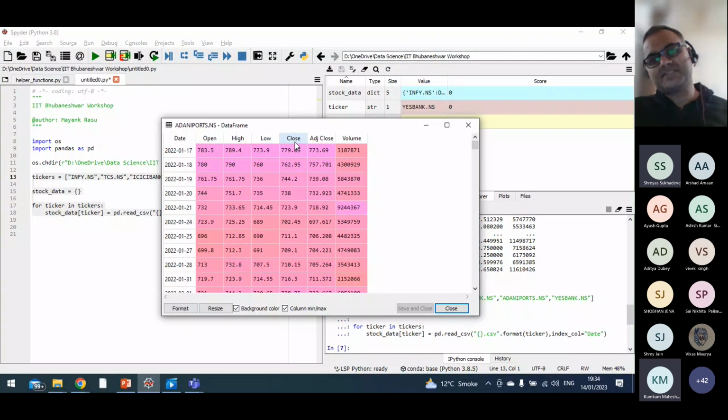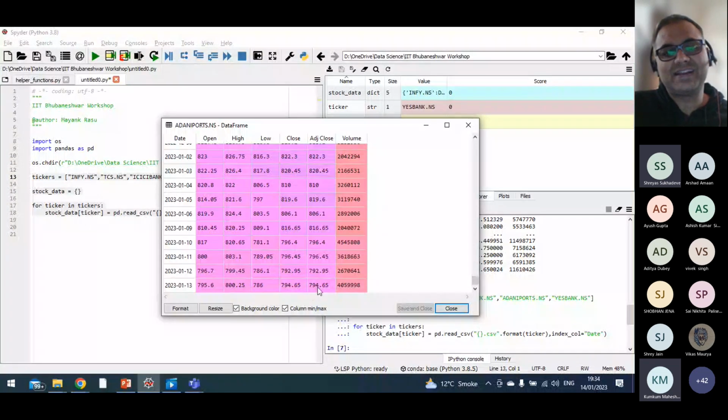One thing that you might ask is what is this closing price and adjusted closing price? So what happens is that stock prices can change historically. For example, today the price of Infosys is 794.65. Tomorrow they may announce that they are doing a stock split.